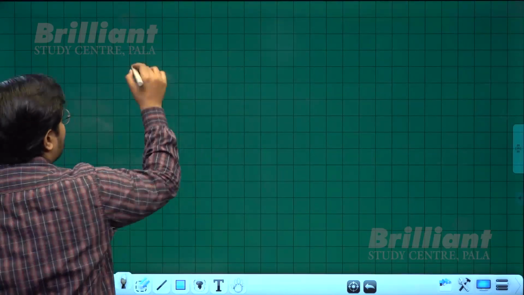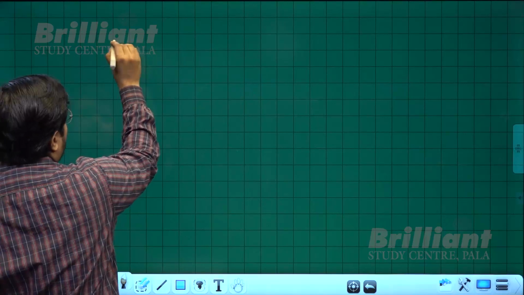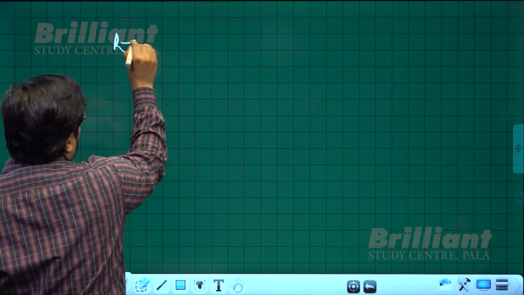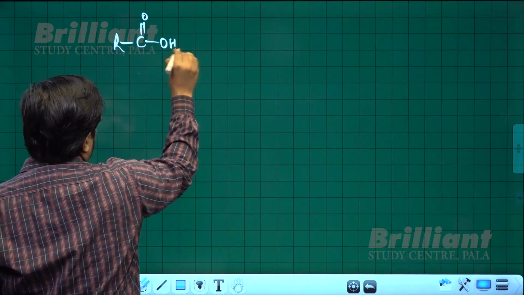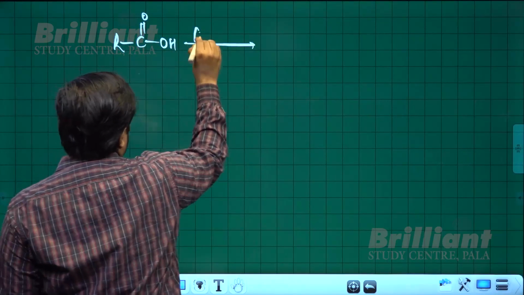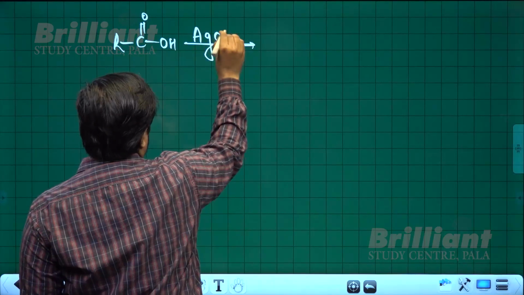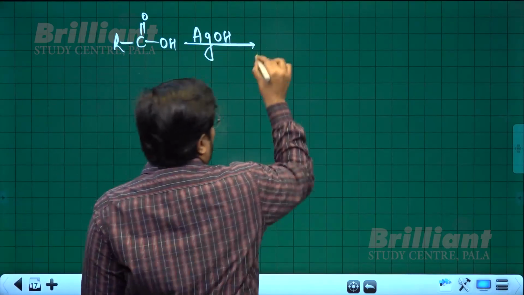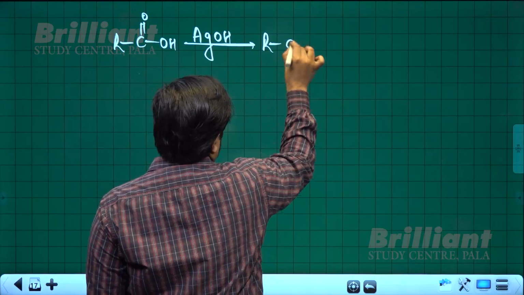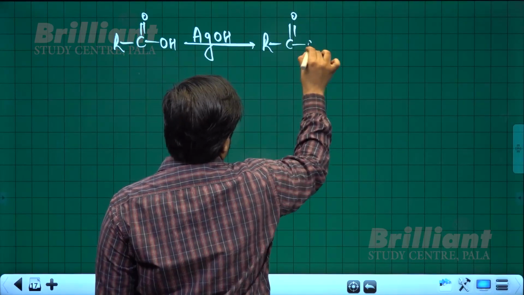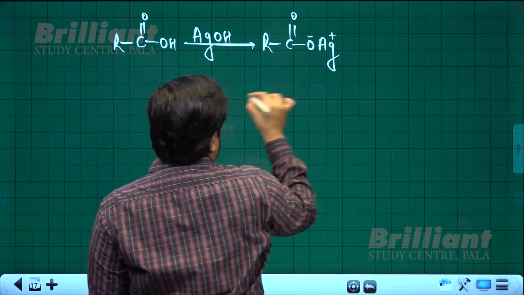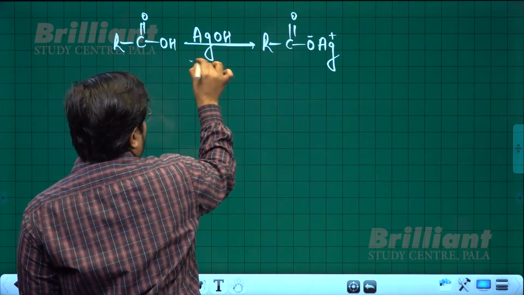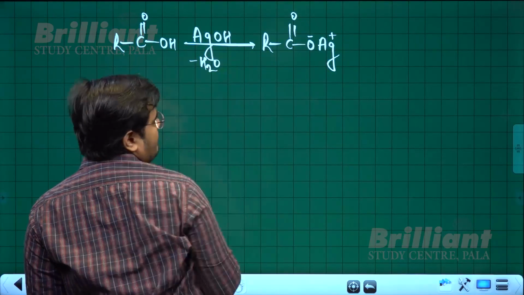How it happens is, first of all, if I have a carboxylic acid RCOOH, you can treat it with silver hydroxide, which acts as a base. This will lead to the formation of the silver carboxylate salt, which will be RCOO minus Ag plus, and water will go.